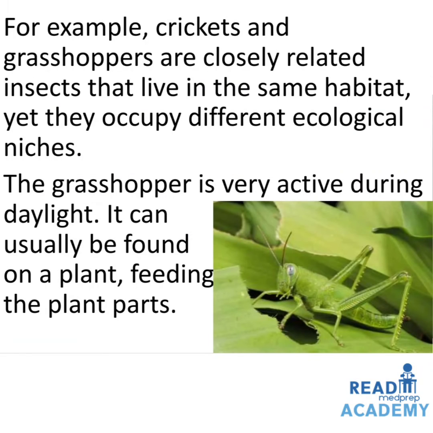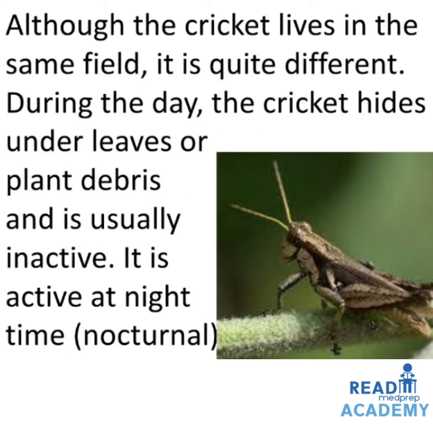For example, crickets and grasshoppers are closely related insects that live in the same habitat, yet they occupy different ecological niches. The grasshopper is very active during the daylight. It can usually be found on a plant feeding on the plant parts, whereas the cricket lives in the same field but is quite different.